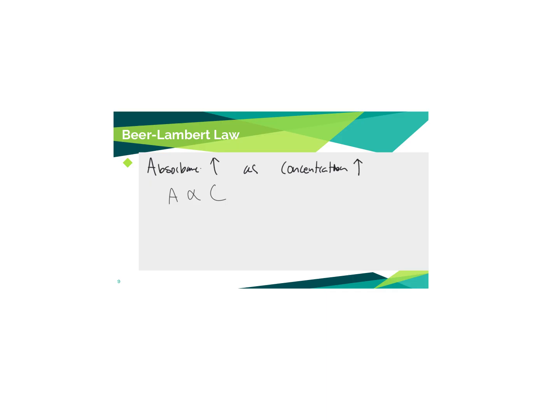The Beer Lambert Law says that absorbance, or A, is equal to epsilon, the Greek letter E, times B times C, where epsilon is equal to what's known as the molar absorptivity.